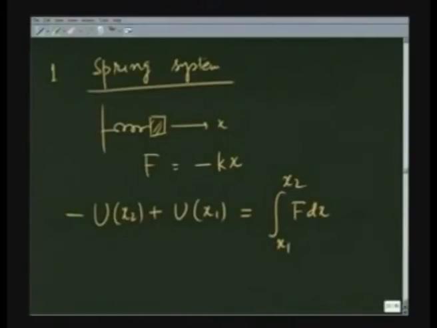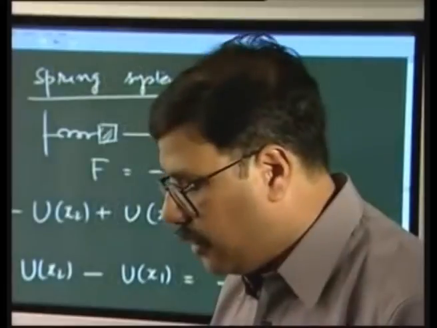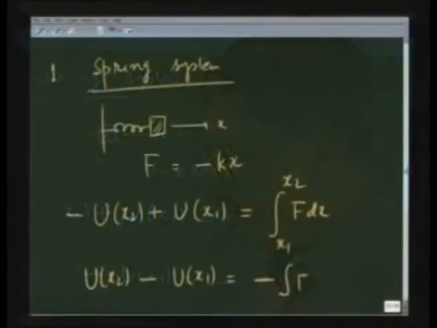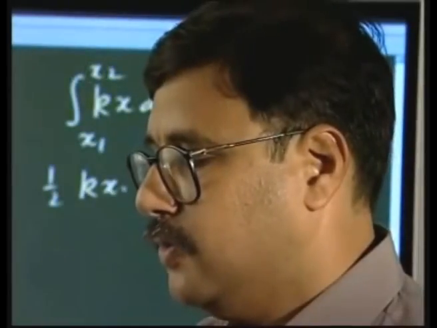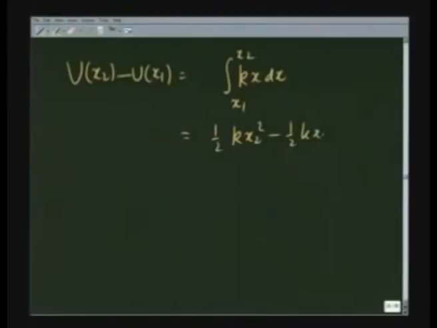Or according to our interpretation, the difference in the potential energy from point 1 to point 2 is going to be, since the force is applied by me, minus sign F dx from x1 to x2, which then becomes U(x2) minus U(x1) equal to the integral of kx dx from x1 to x2, which is equal to half k x2 square minus half k x1 square, the formula you are well familiar with.